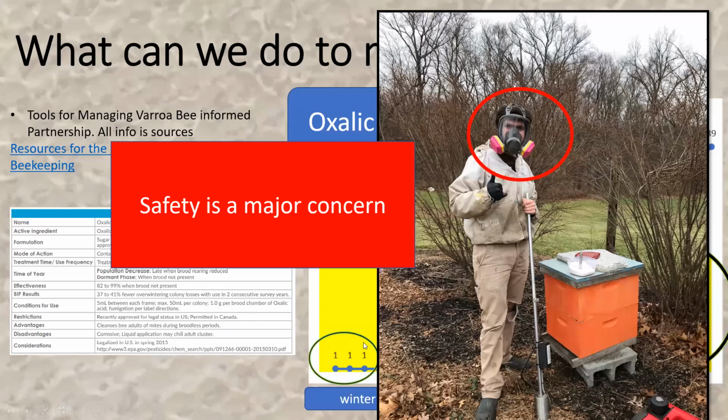So, major concern for this. It's popular, but there's an extreme drawback there. It costs about 30 cents, if not less, to treat a colony with oxalic acid because that acid is so cheap.